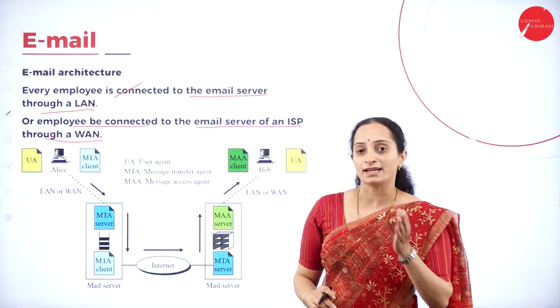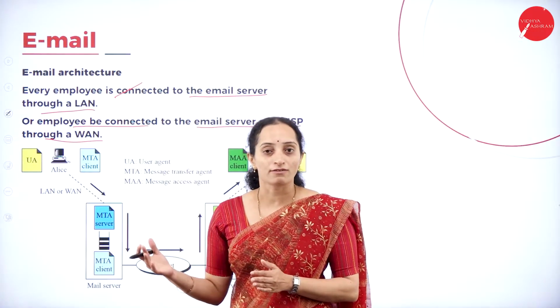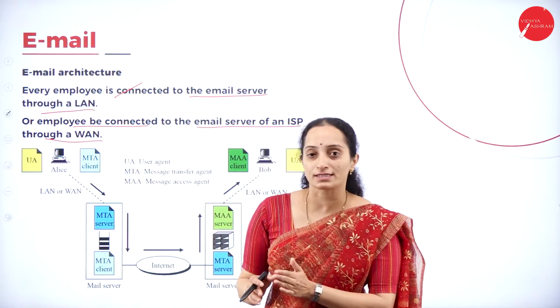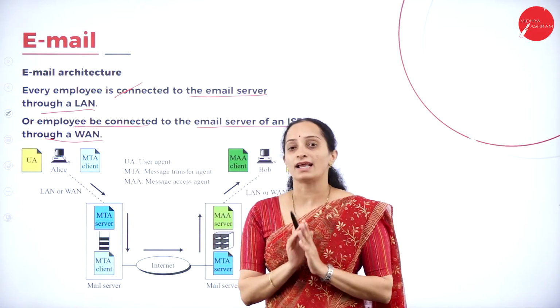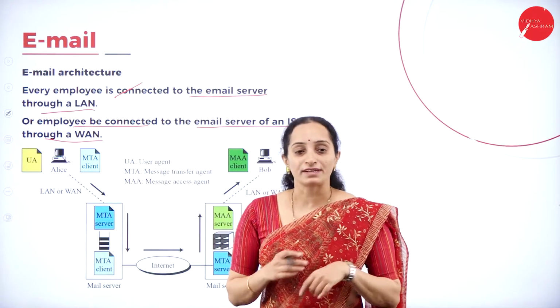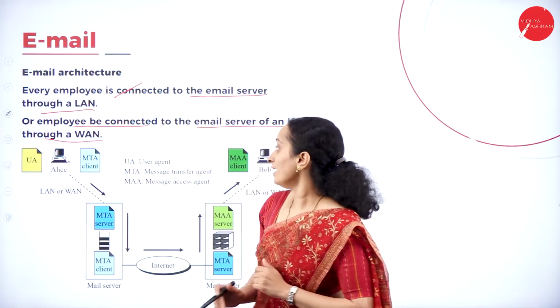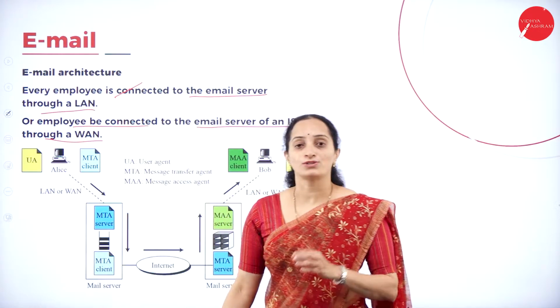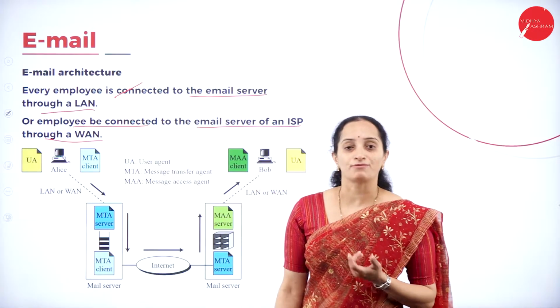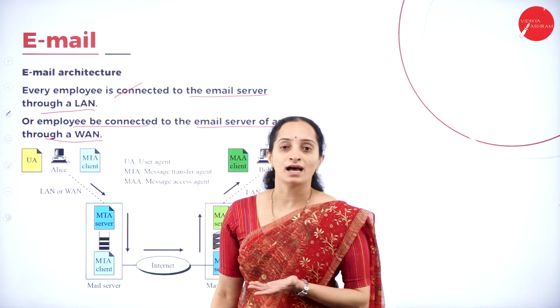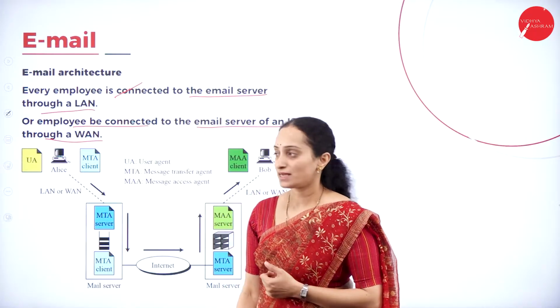He may be connected to either LAN or WAN. If it is within an organization, within a restricted area, it will be a LAN. If it is outside the restricted area, the sender or the employee is going to involve the wide area network to transmit the message to the receiver.